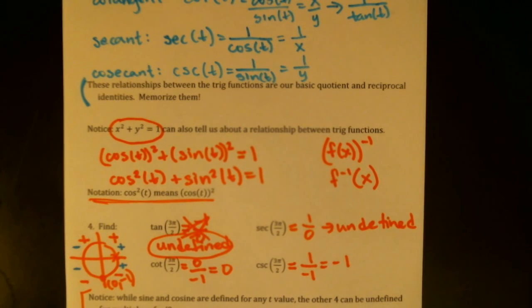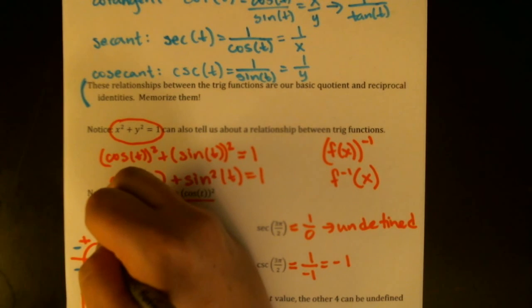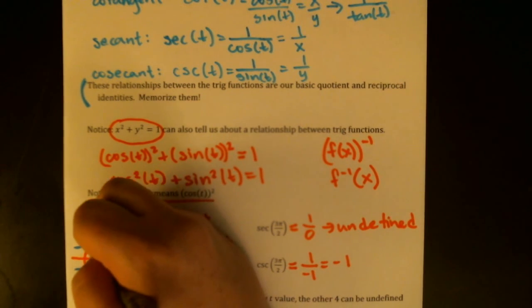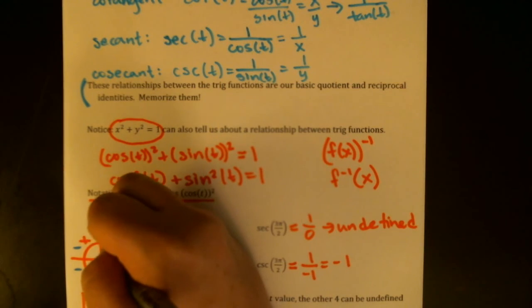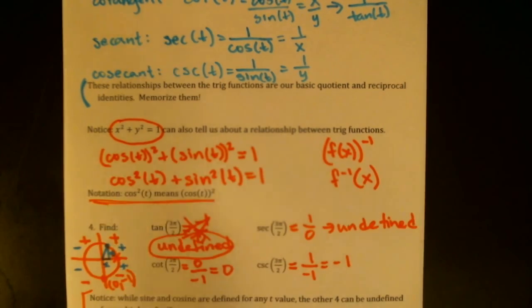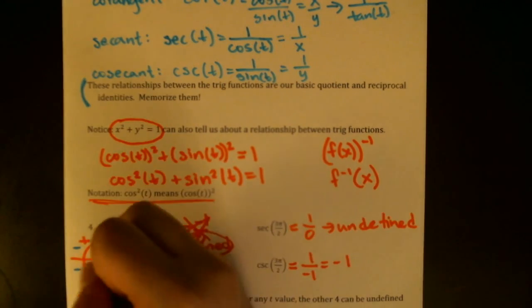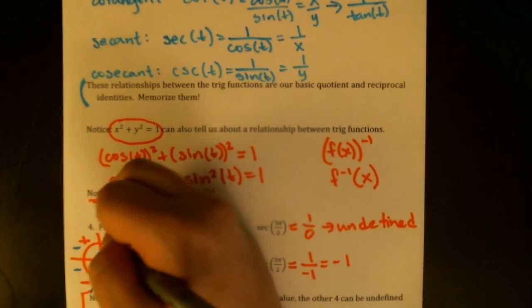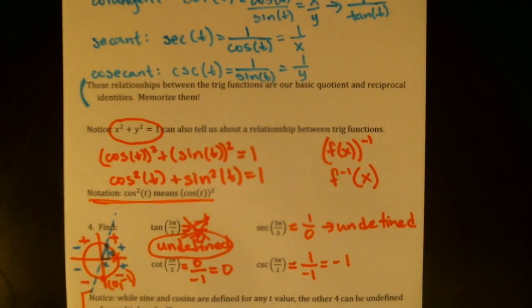Okay, so there's the walkthrough with sine and cosine. And from that, we should be able to figure out any of the others. So tangent, and let me point this out right now as well. This kind of ties in nicely. If we're talking about tangent, and we look at our point and we say, okay, it's y over x, it's sine over cosine. Notice that tangent tells you the slope of the line through your point.